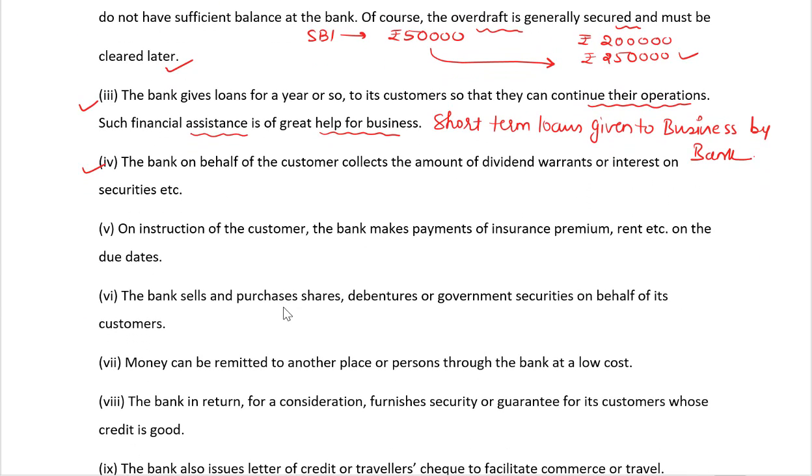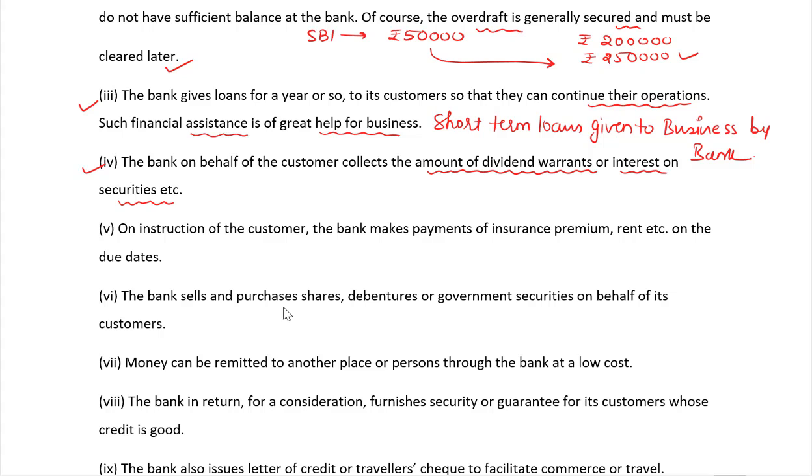The bank on behalf of the customer collects the amount of dividend warrants or interest on securities, and deposits it directly to the customer's account.